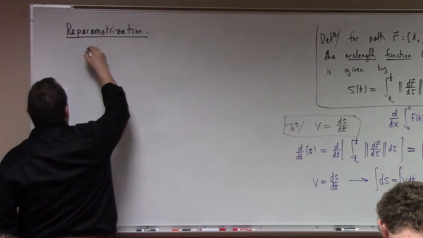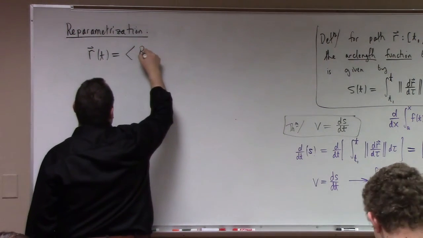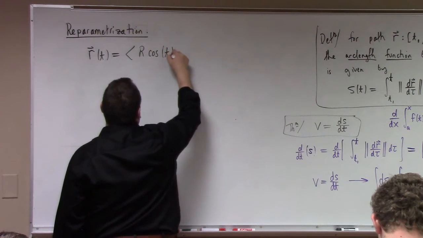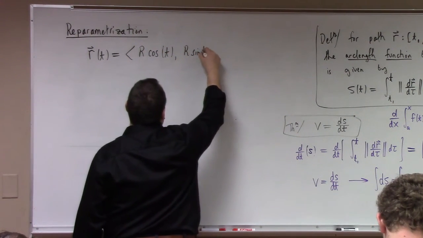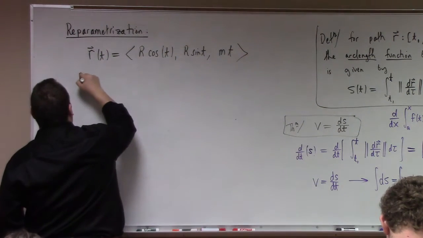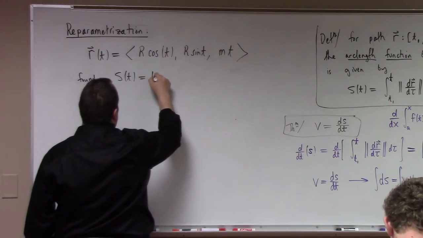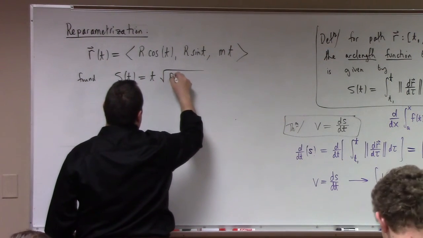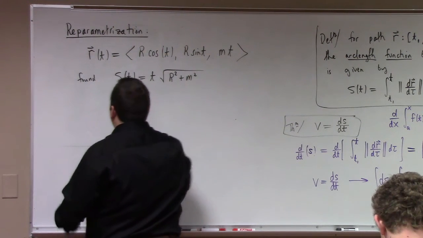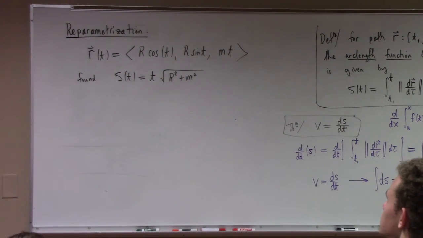So let's look at the helix. We had r of t equal to r cosine t, r sine t, mt. And we found that the arc length based at 0 was, what was it? It was just t times the square root of r squared plus m squared. So we could find a different parameterization of the helix using arc length as a parameter. Here's how you do it.